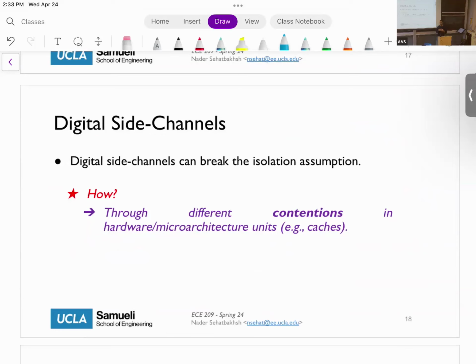And essentially the idea is that if the victim application is active or not active, the contention pattern will change. And as a result of that change in the contention pattern, the adversary can extract some information, okay? So if it's busy, it means that it's doing, for example, X. If it's not busy, then it means that it's doing Y, okay?